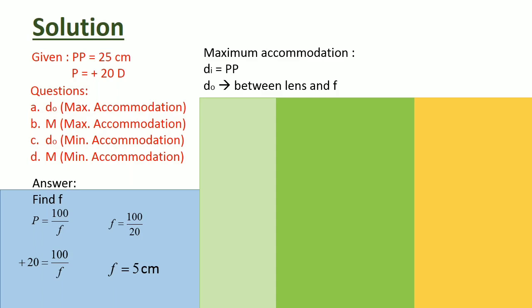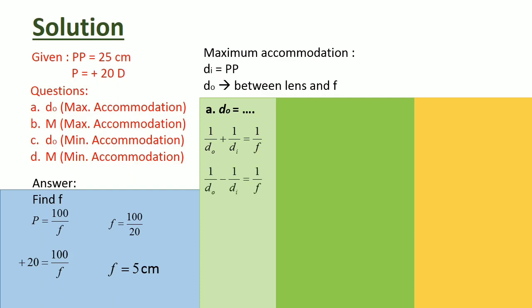For the normal eye, usually we can use 25 centimeters. And DO is supposed to be between the lens and f, so its value must be less than the focal length. In order to find DO, we can just use the thin lens equation, where 1 over DO plus 1 over DI will be equal to 1 over f.